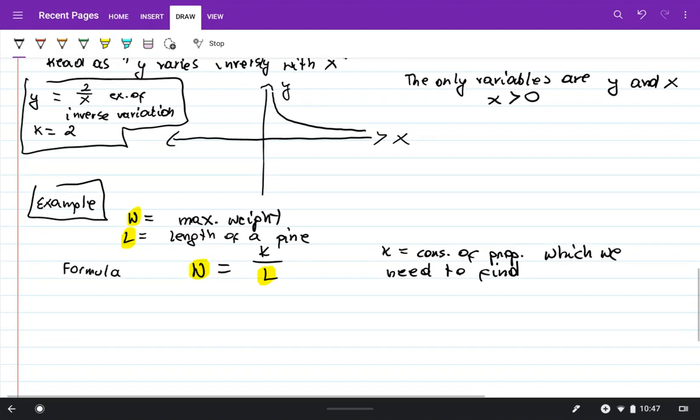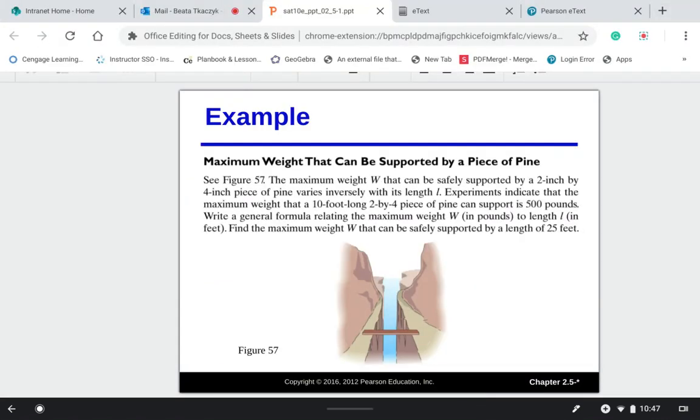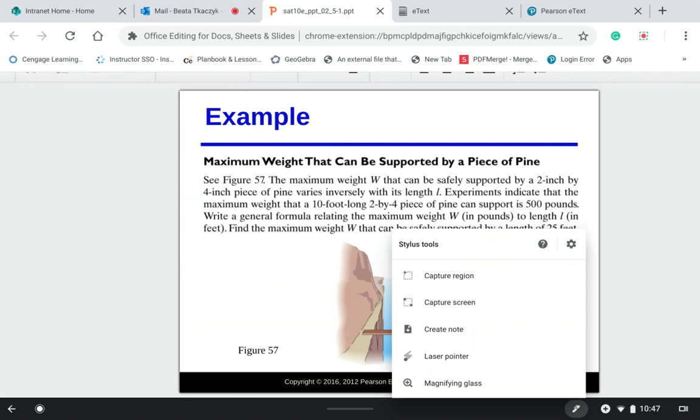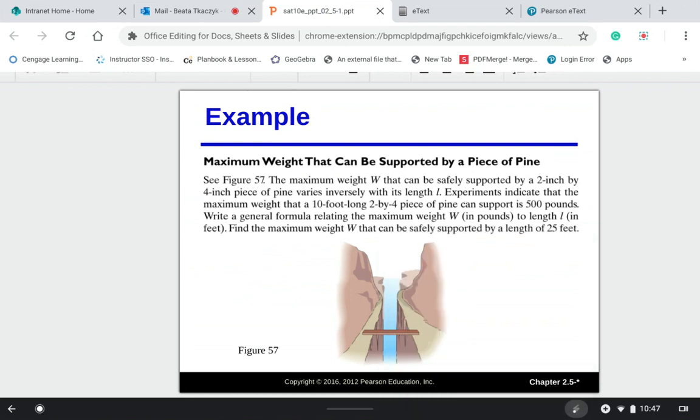So you always have to find that k. How are we going to find k? Use the info. Going back to the problem, we're going to use that the pine which is 10 foot long can support a maximum weight of 500.